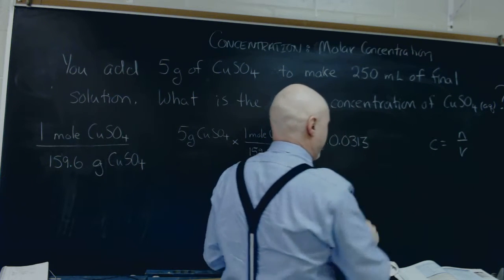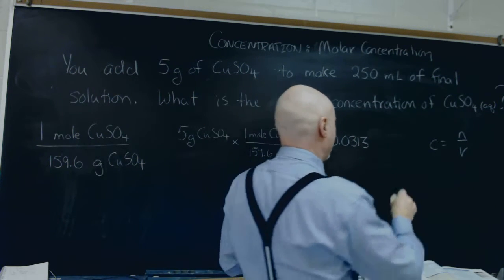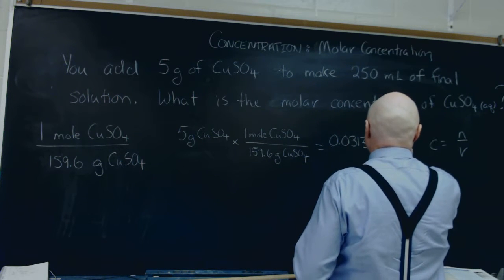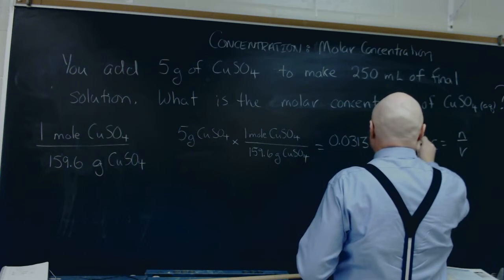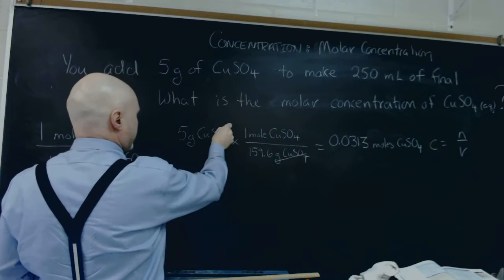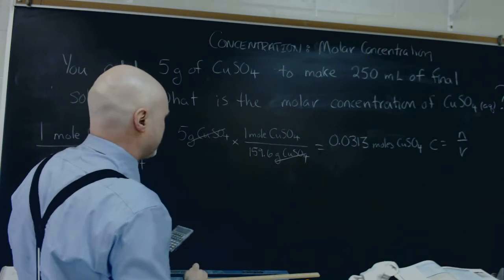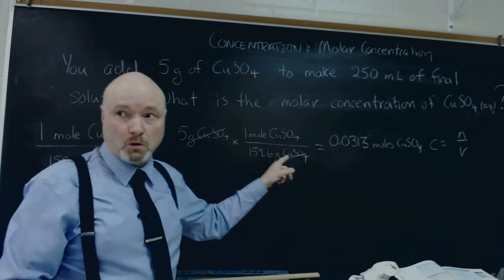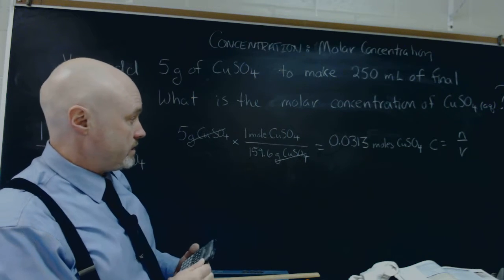And I'm going to carry another decimal place, 313 moles copper sulfate. And you can see that the grams of copper sulfate here cancel with the grams of copper sulfate there. And I wind up with moles of copper sulfate in the end.